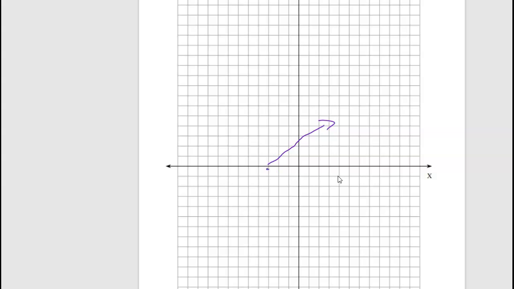Well, the graph doesn't stop here. We've got to know what else happens, okay? So we have to know what's going to happen after this point. Does it continue down this way, or does it go back the other direction? So you need to make sure that you finish out the graphing.